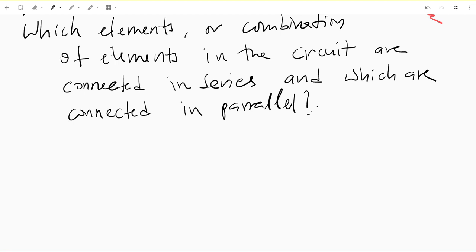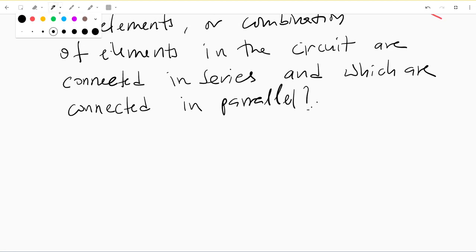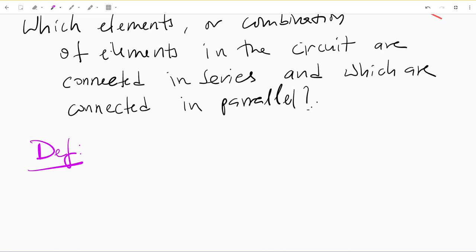Now, we'll define that two or more elements, and this is what I explained earlier, but now I'm just going to write it out for less ambiguity as we move forward.